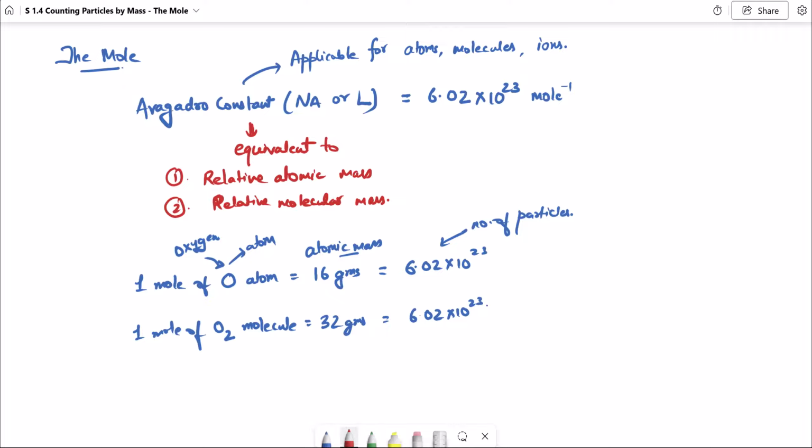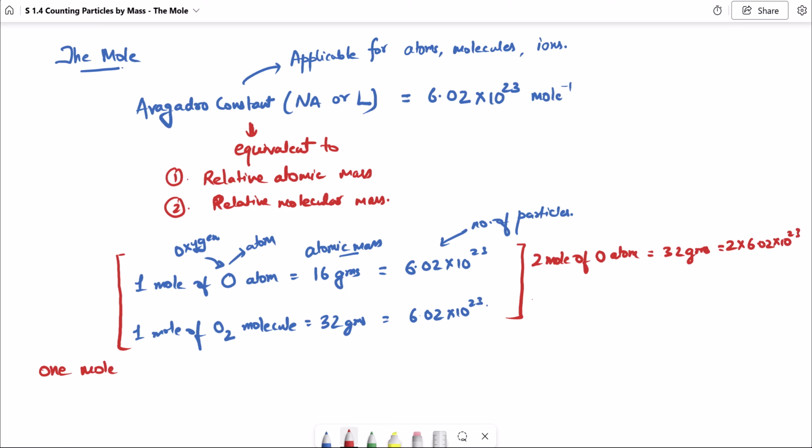If I'm going to say 2 moles of oxygen atom, you multiply 2 with the entire thing, so that will be 32 grams, and the number of particles will be 2 into 6.02 into 10 to the power 23.